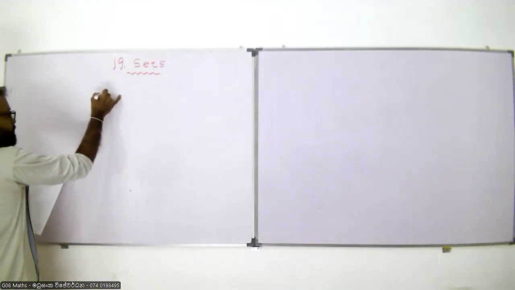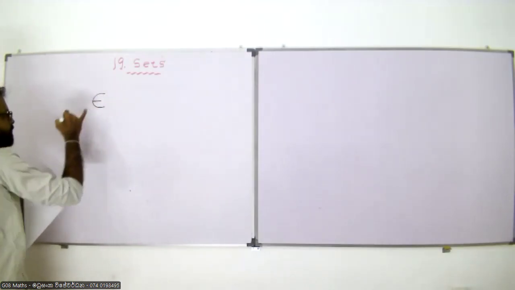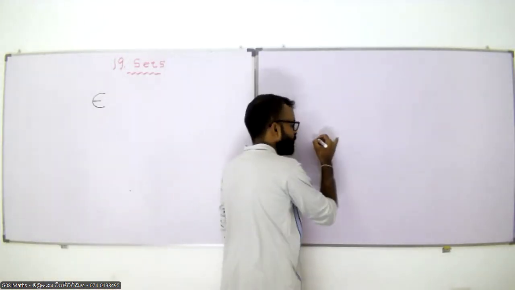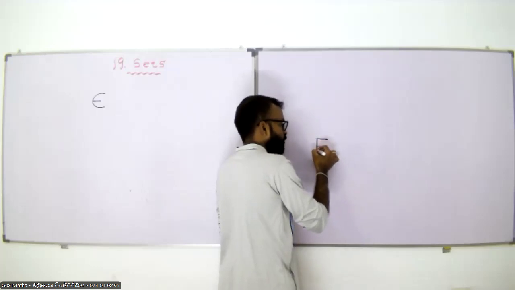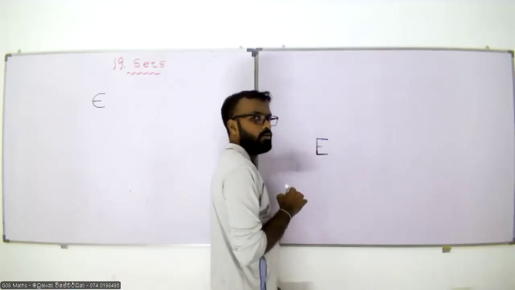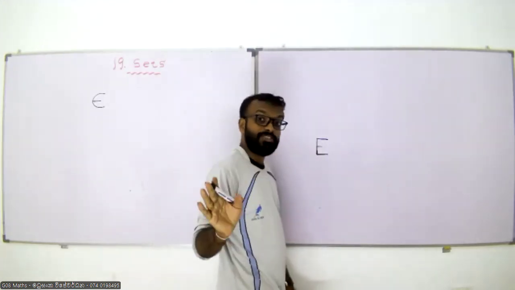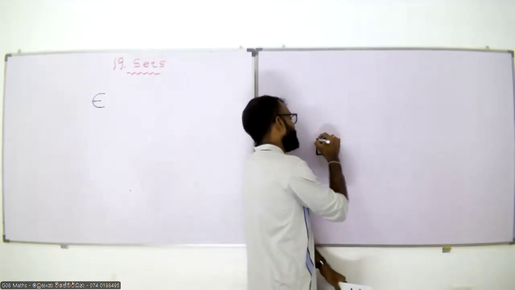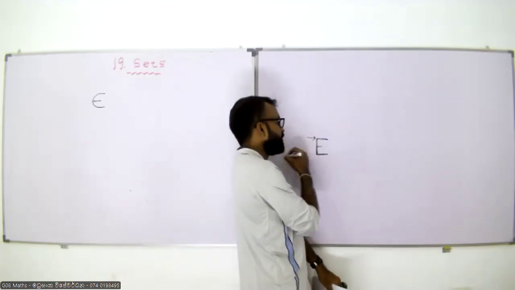On the top parallel space, you have to write something like ∈. This is called epsilon, not E. E means this, no. You have to take curved edges. This is not a curved edge; E is right here, with a vertex.